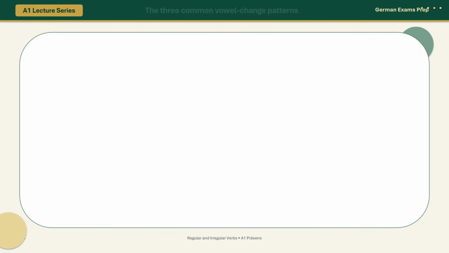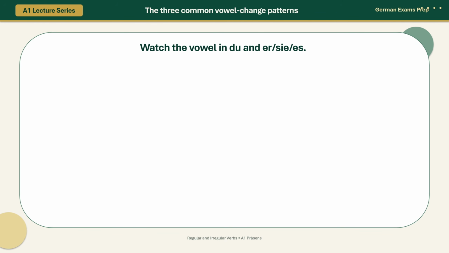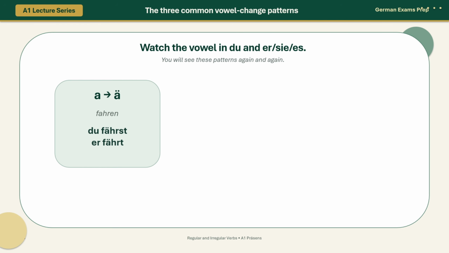For A1, you should know 3 common patterns. The first pattern is a to ä. For example, fahren, the infinitive, to drive. Here, du fährst, er fährt.